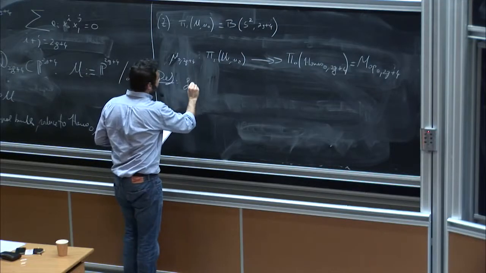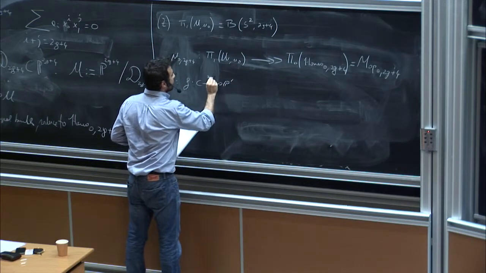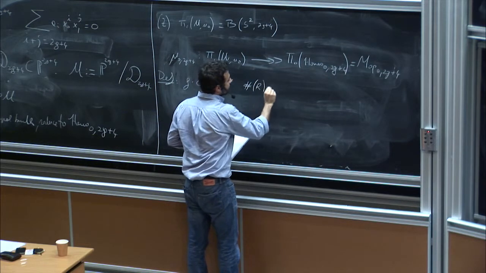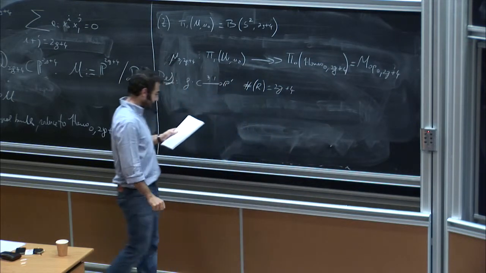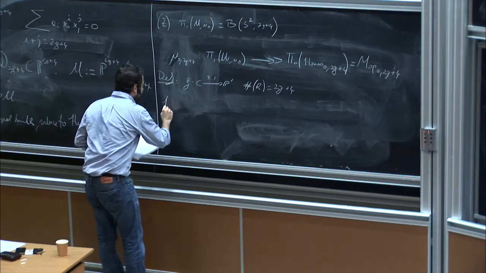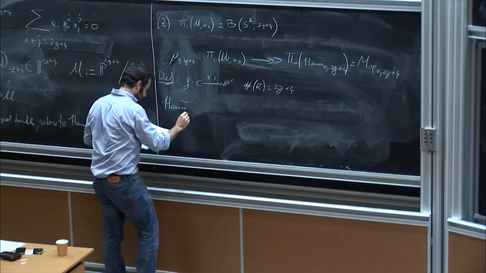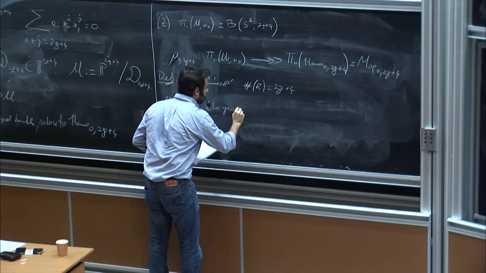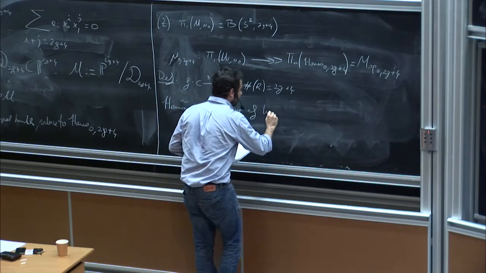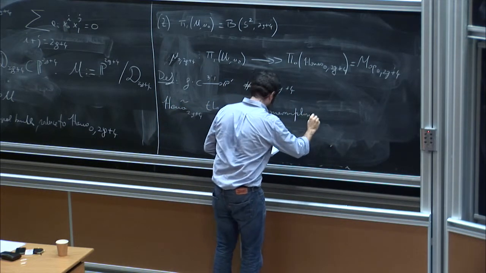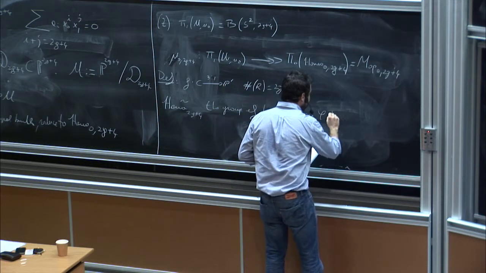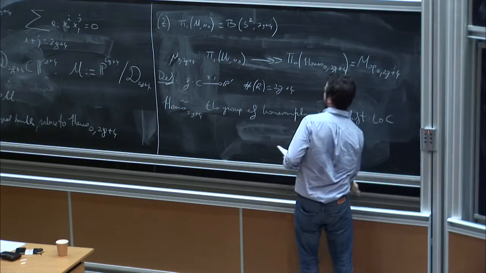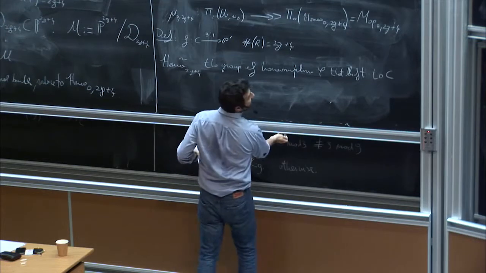If f, as before, is a simple triple cover ramified in 2g plus 4 points, I will call Homeo tilde of 2g plus 4 the group of homeomorphisms phi that lift to C.